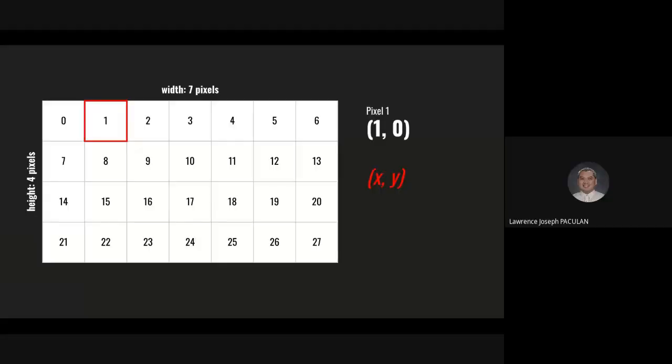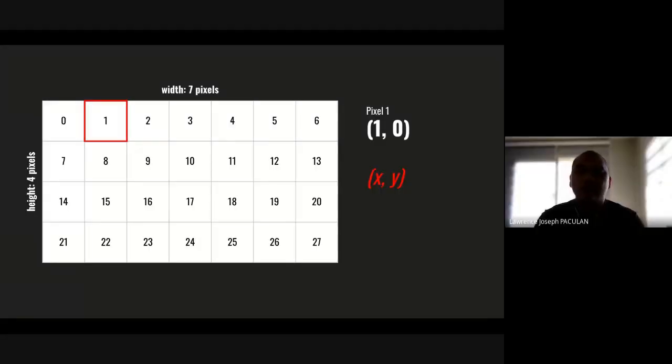It means pixel 1 is located 1 pixel from point 0 across the x-axis, and it's still in the same row, so the y value is still 0.